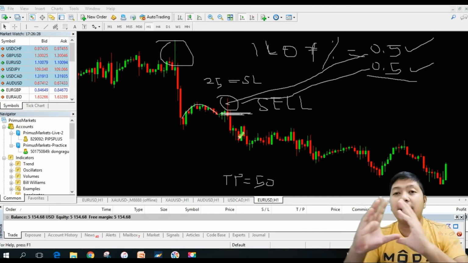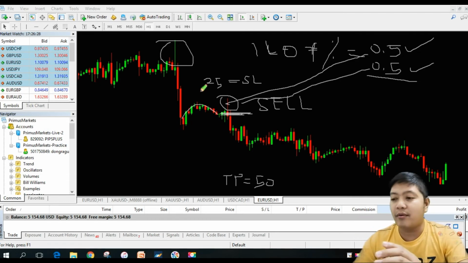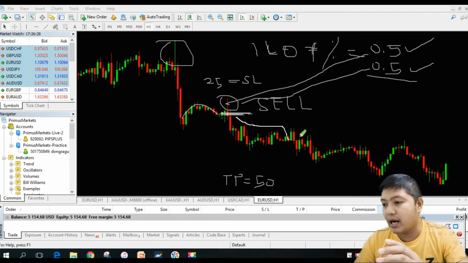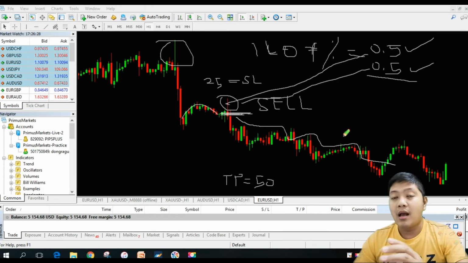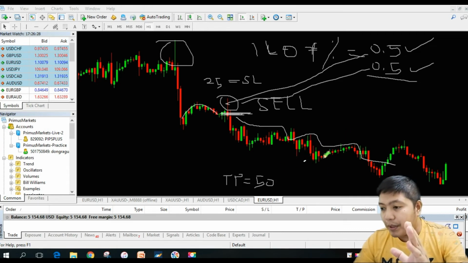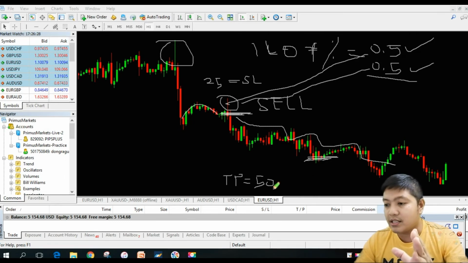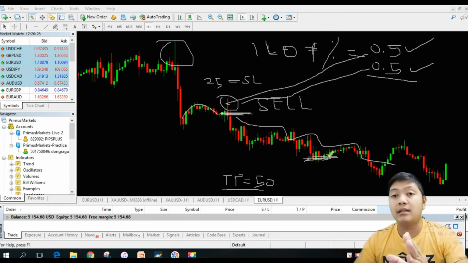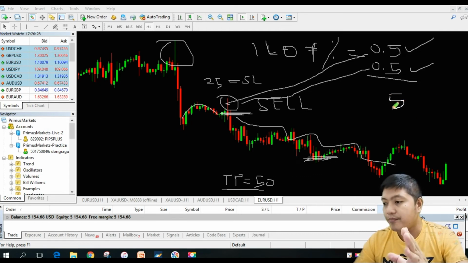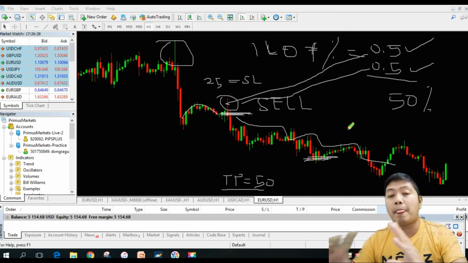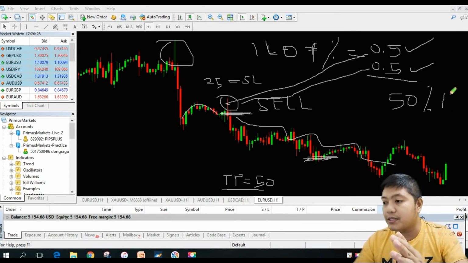So let's say the market goes your way, and it keeps going down and down. After 25 pips here, let's say the market touches this point, since your TP is at 50 pips. So after 50% of your TP, this is up to you, but my suggestion is maybe 50%. 50% of the TP is about 25 pips.